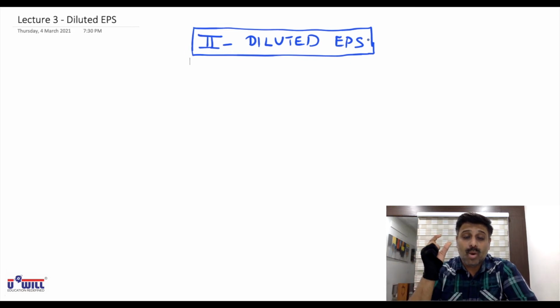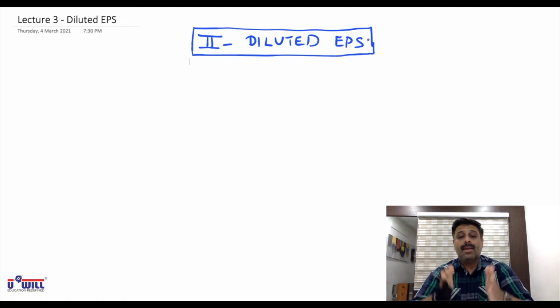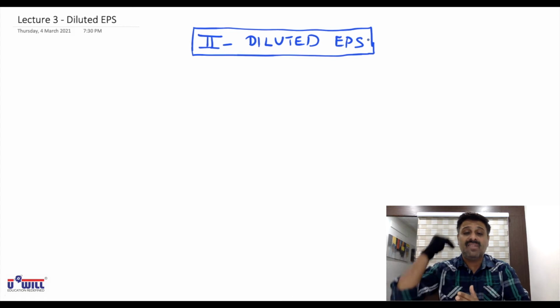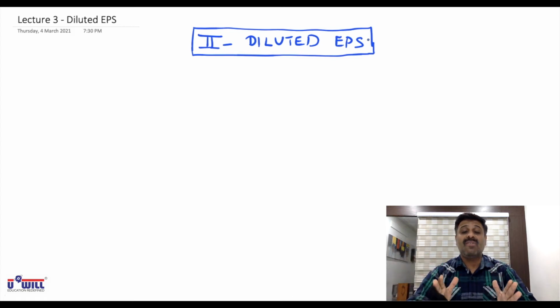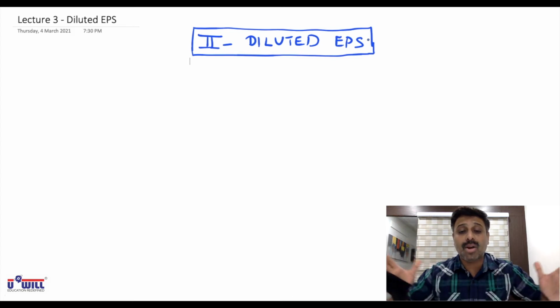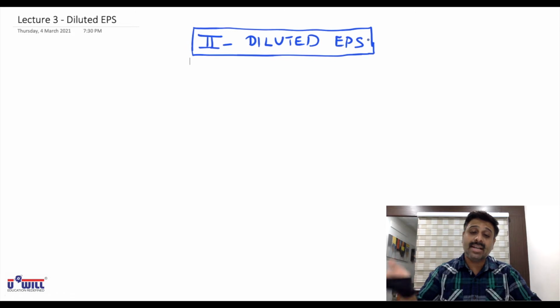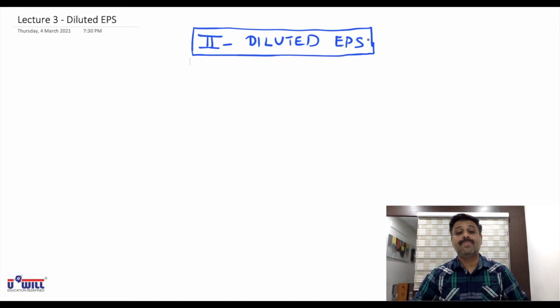So what I explained in the first lecture was that if these securities, debentures, preference shares, employee options, get converted into equity shares in future, then the profit presently distributed between 5, 7, 10 equity shareholders will in future get divided between more people, because equity shareholders will increase when these securities get converted into equity shares.